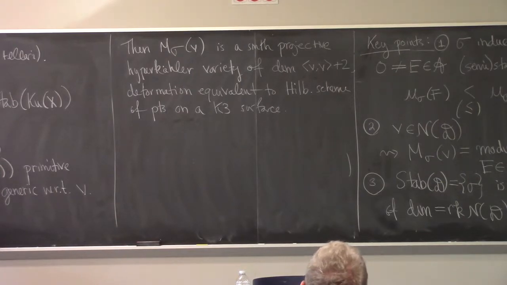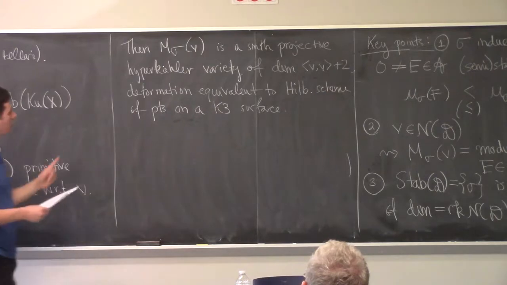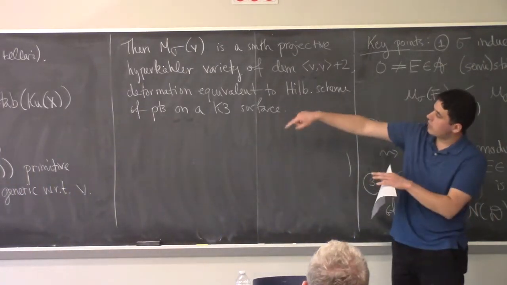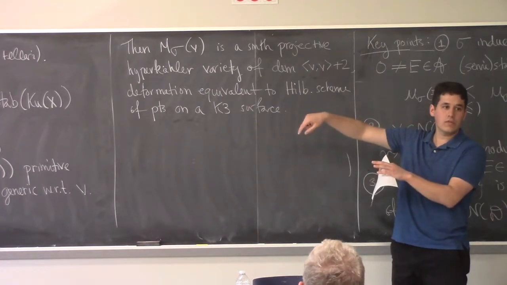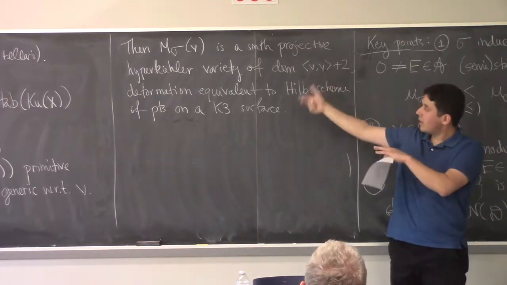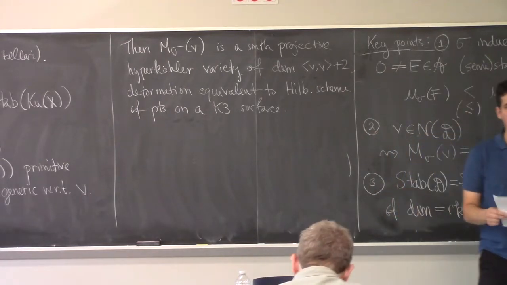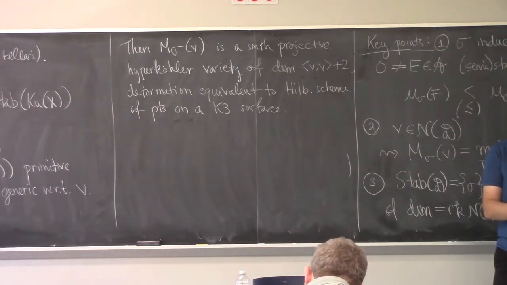Let me make a couple remarks, and then a lot of the rest of the talk is extracting some information from this theorem. The first thing I should say is that in the case where instead of Q of X you look at D of a K3 surface, an analog of this theorem was known. That was due to Yoshioka and Bridgeland a number of years ago.